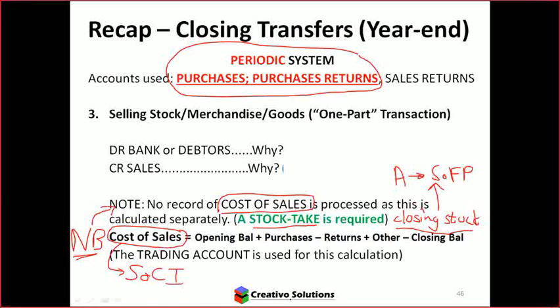Well done. So those are two accounts that need to be disclosed appropriately when dealing with the periodic system. The closing stock goes to the face of the statement of financial position, and the cost of sales goes to the statement of comprehensive income because it's an expense. So the one's an expense, the one's an asset.